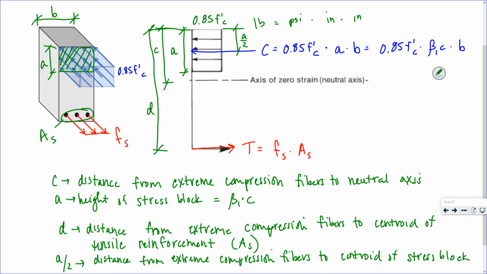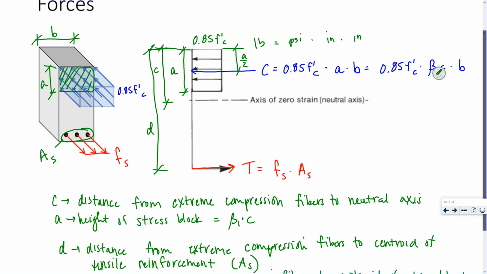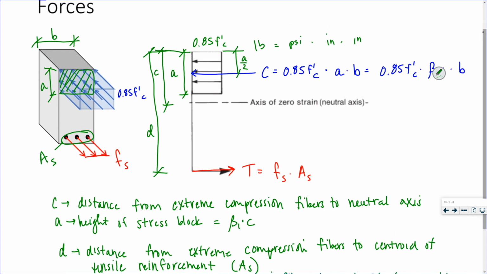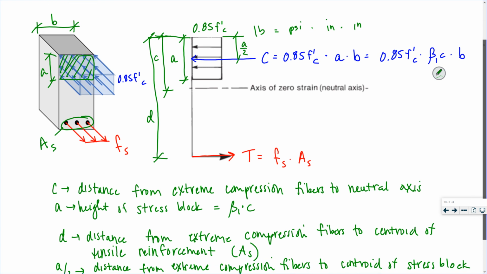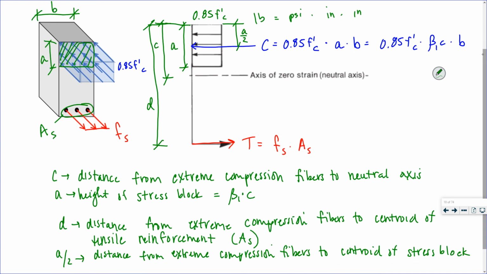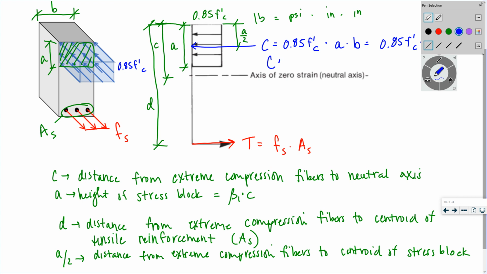That's just mechanics and materials stuff right there. Just writing stuff down again in case you need a reminder. So those are our forces. This is our compression force, and this is our tensile force.